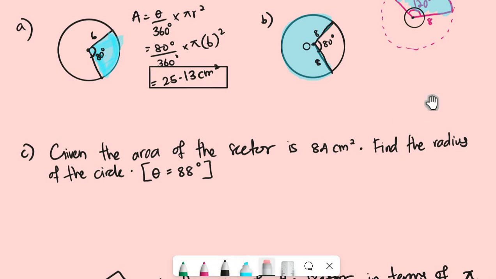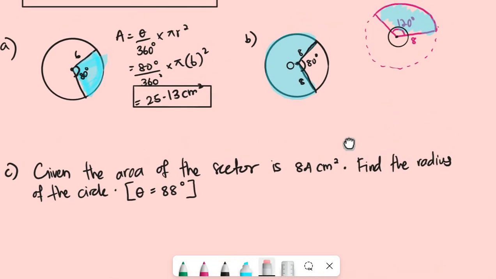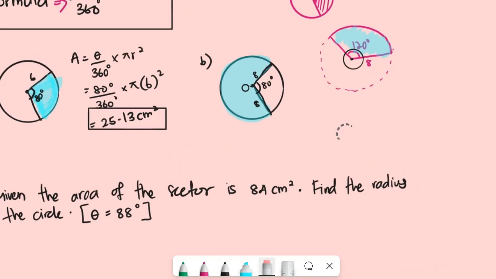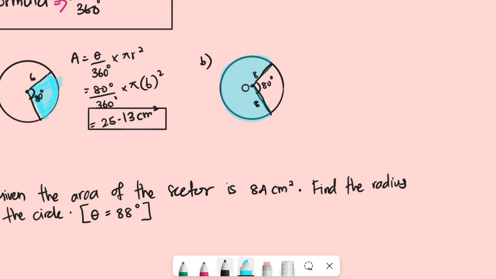Now for the second part, let's see. So for the second part, I want to find the area of this shaded region. Let me just erase this real quick. Okay, so I'll find the area of this shaded one. But as I can see, to find the area of the shaded one, I have area equals theta over 360 times pi r squared.